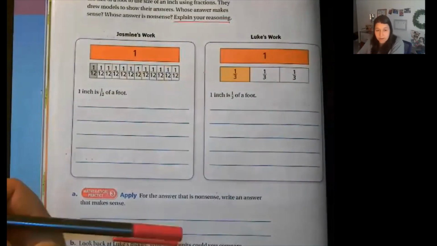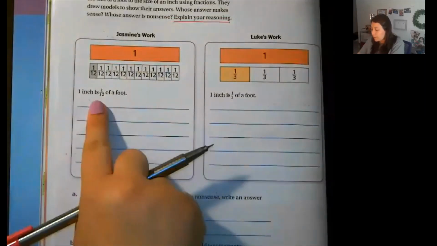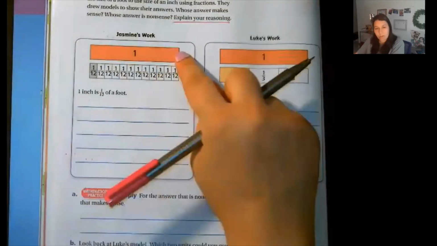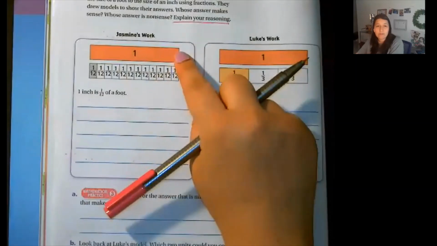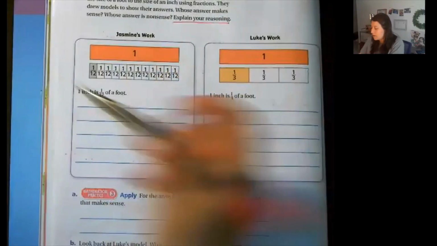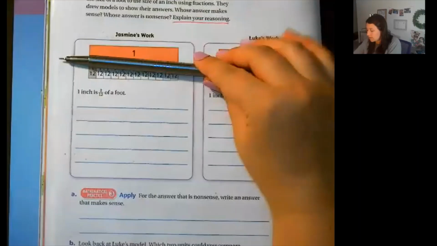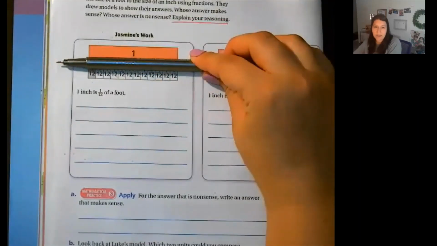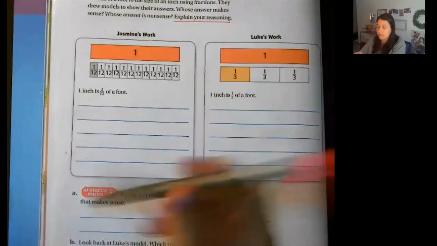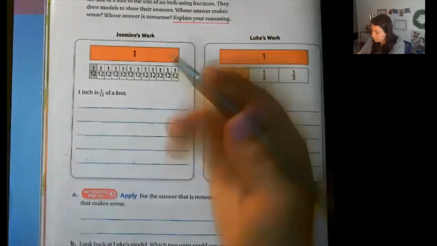Yes, it is right. So remember that 12 inches make up 1 foot. That's what she's showing us here, just in fraction form. If you took all the ones off the top, you would just have a bunch of 12 making one whole. Same thing, 12 pieces making up one whole.